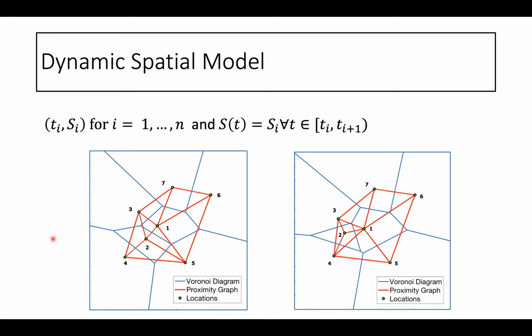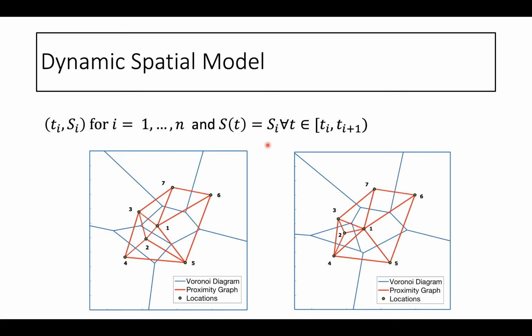In the dynamic spatial model, what you have is a different possible space model at each time. So we will denote the dynamic spatial model by considering S as a function that gives at each time step t a specific spatial model Si.